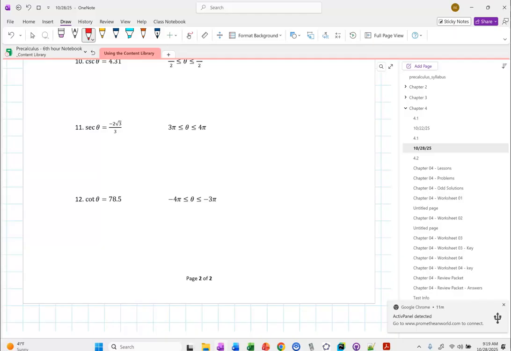Okay, so problem 11 says secant theta equals negative 2 root 3 over 3. My first thing is I want to rewrite this problem so it's not a secant problem, but rather a sine, cosine, or tangent problem. I remember from our first unit that secant is the same thing as 1 over cosine.